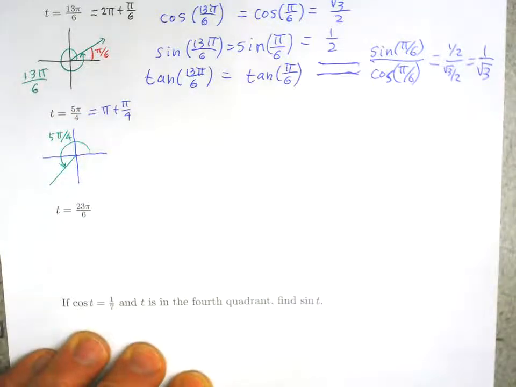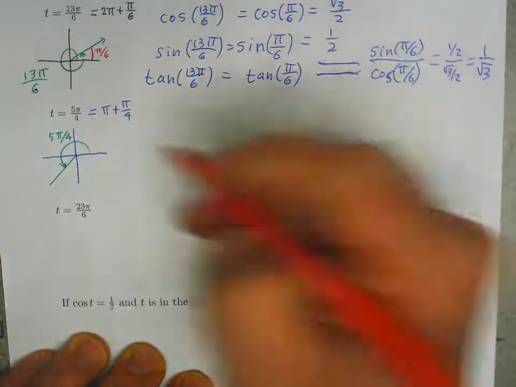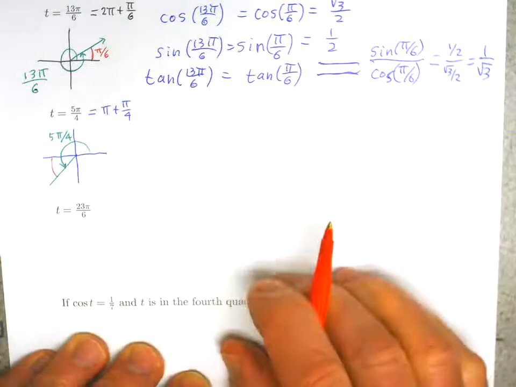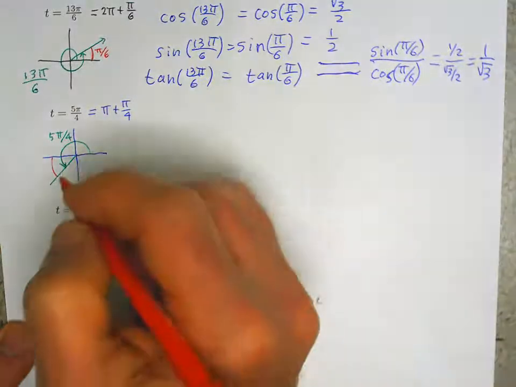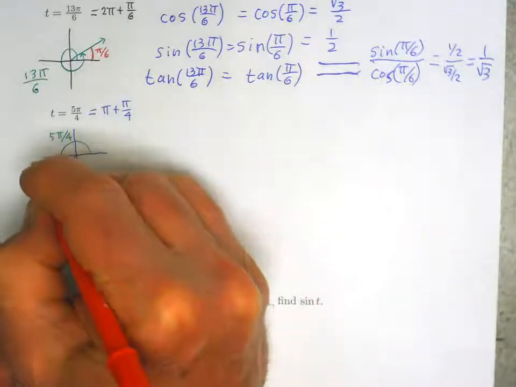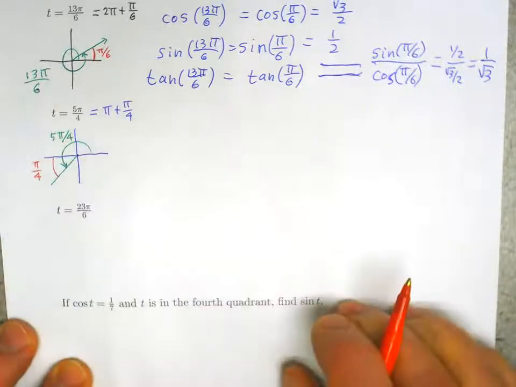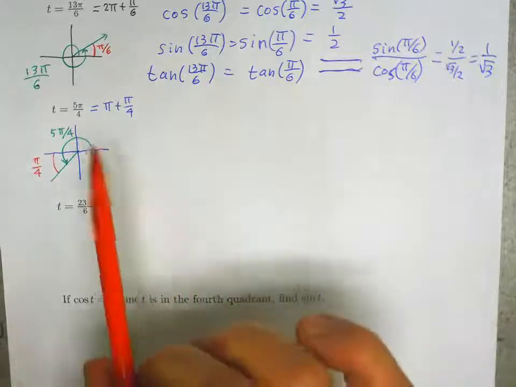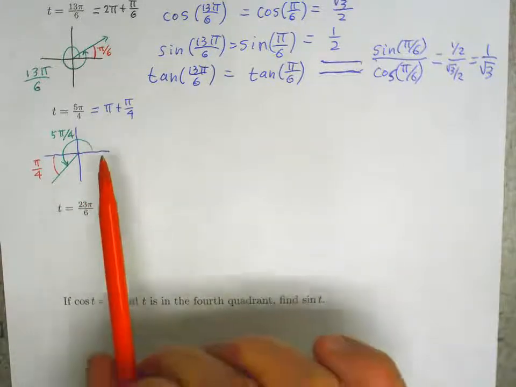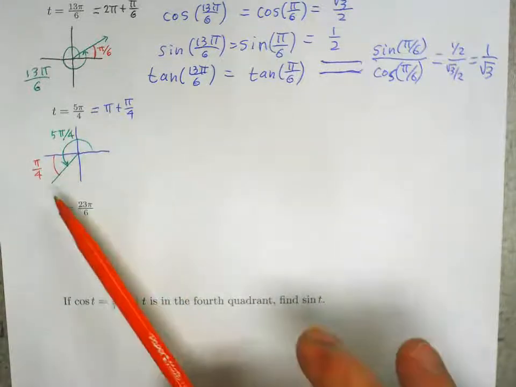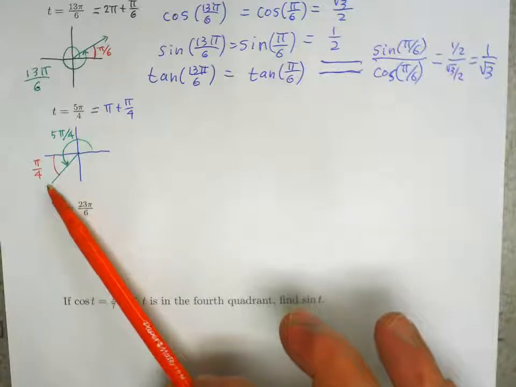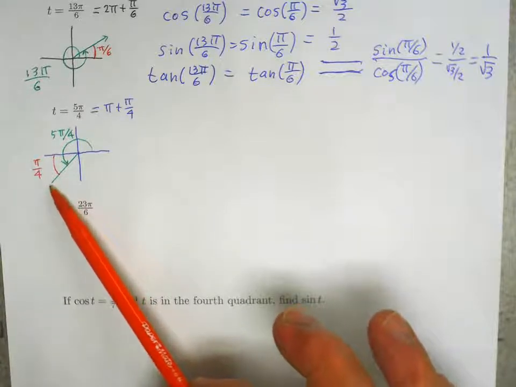And the reference angle is pi over 4. Okay, but our angle 5 pi over 4 is in the third quadrant. In the third quadrant, x values are negative and y values are negative.